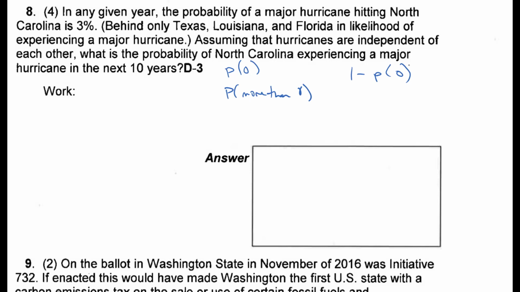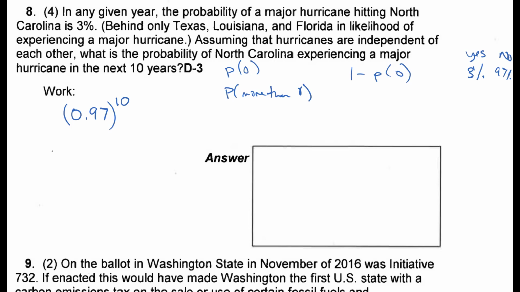So the probability of getting 0 is actually not 3%. It'd be 0.97. So a 97% chance of getting none once, right? Because it's 3% yes and 97% no. But the chance of getting that 10 times in a row is just multiplying them out.